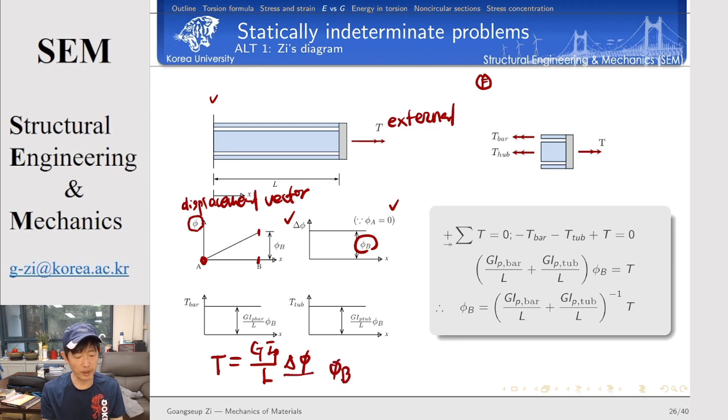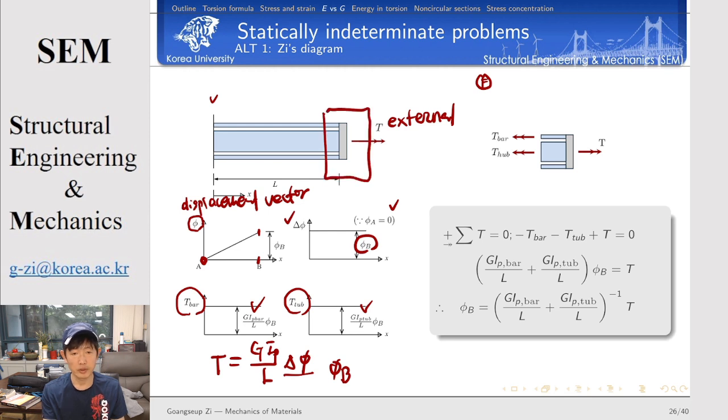So if you plug in this, then we can obtain the torsional moment of the bar and the torsional moment of the tube separately. So make sure that here we have to use the polar moment of inertia for the bar and the polar moment for the tube separately. They are different. Then at the last step we want to check the force equilibrium at the end point here.